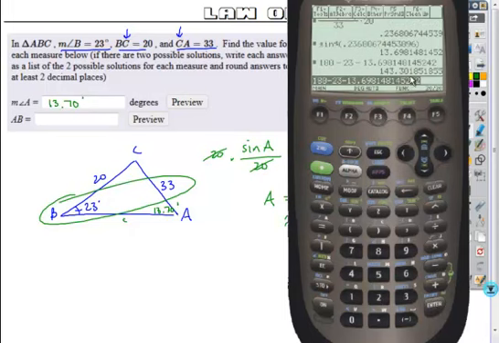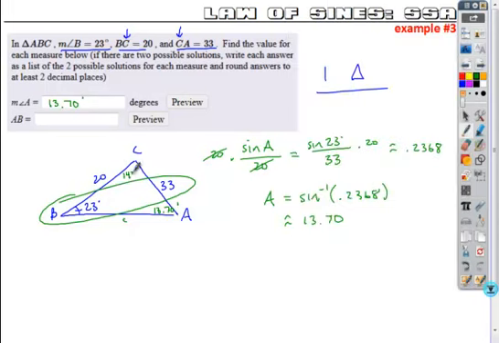So I get 143.3 for this angle C, even though there's no spot where I need to put it. My final piece of information to find is AB. I'm going to start with my unknown in the top of my fraction. So AB over the sine of the angle opposite it, 143.3. And that's equal to my known ratio.